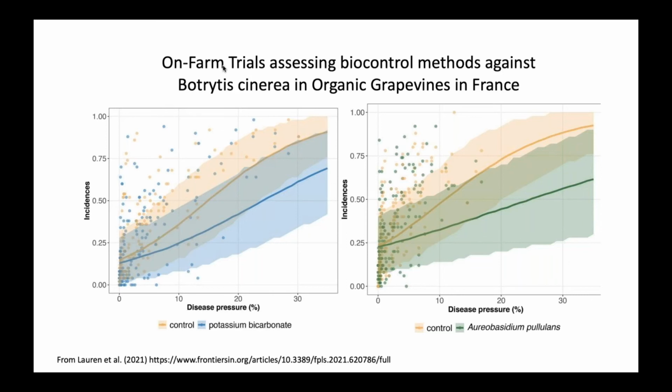The results were obtained here from a generalized Bayesian statistical linear regression model. Clearly here we see that the disease incidence on the y-axis was much higher in the untreated control in orange here compared to vineyards treated with biocontrol techniques.